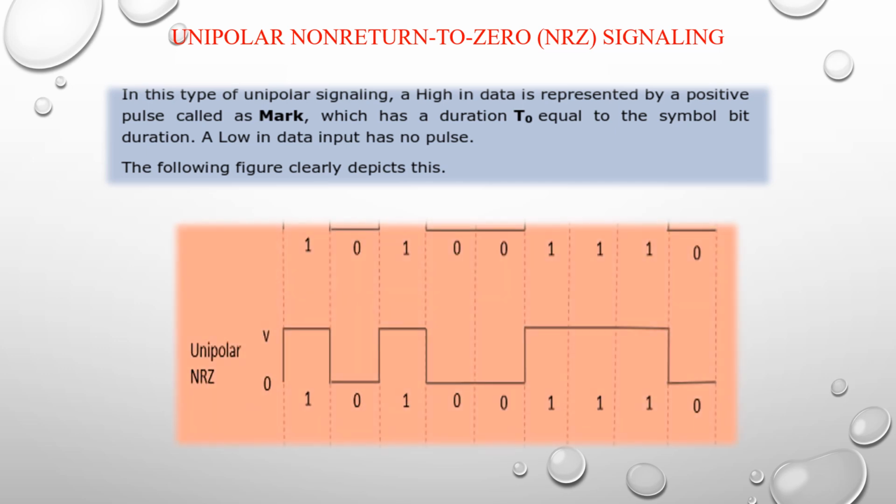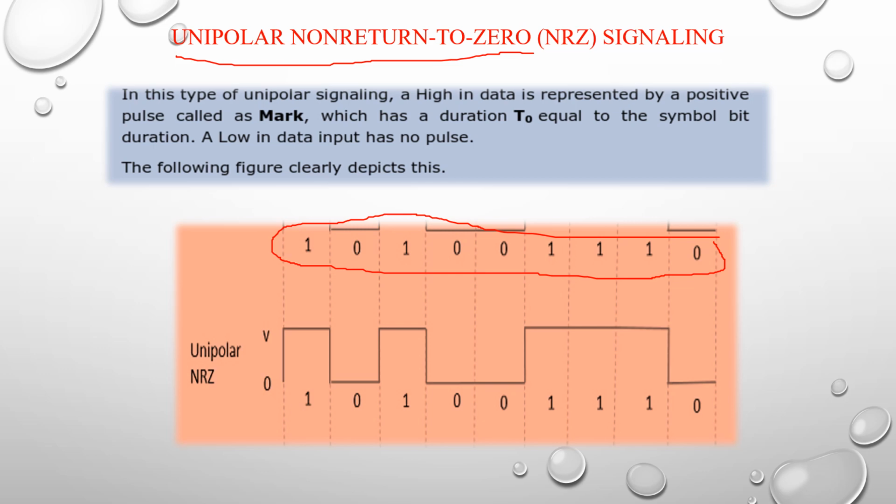So let's consider 1010011110. This is the given data. We have to convert this digital data into a line code by using the unipolar non-return to zero technique.